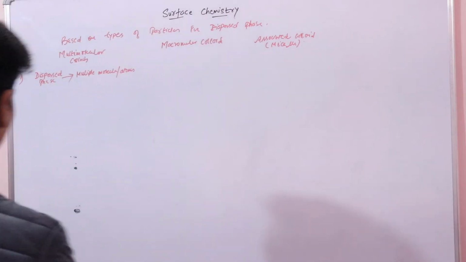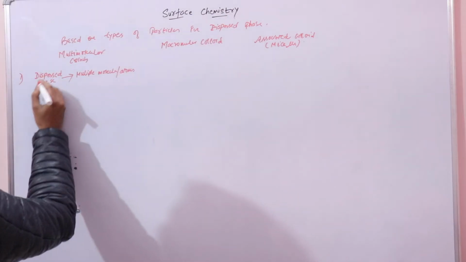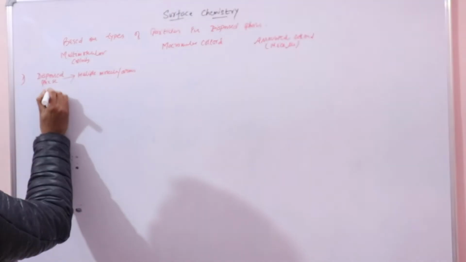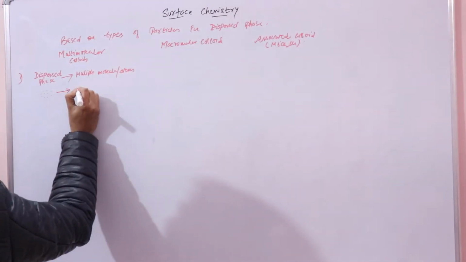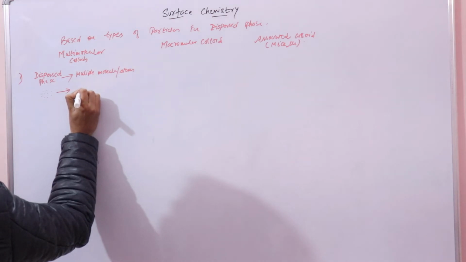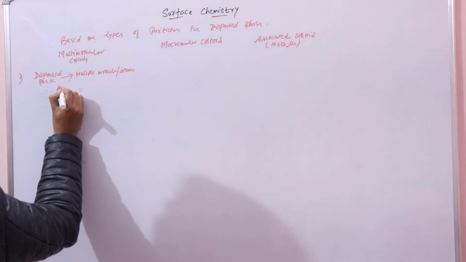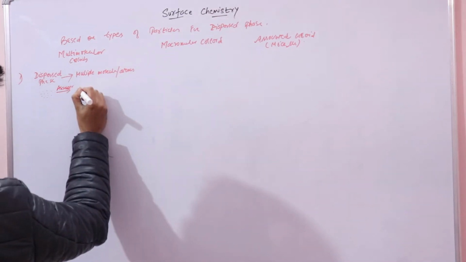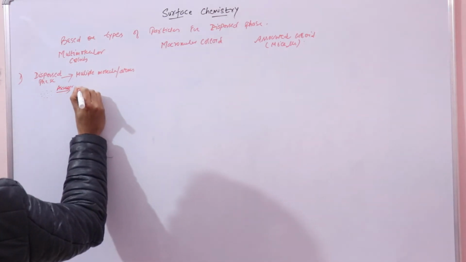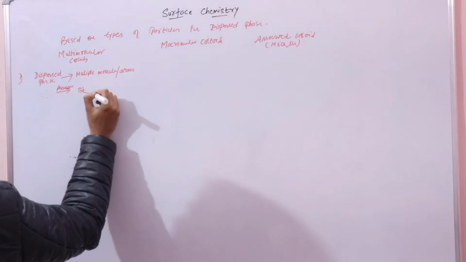So here, if these are some atoms or molecules, they will associate like this. All these atoms will associate or aggregate to form this type of particle. This is your colloid.